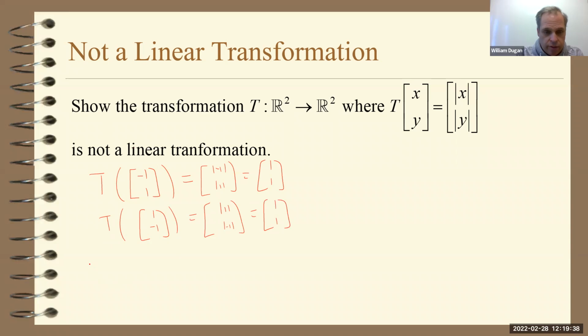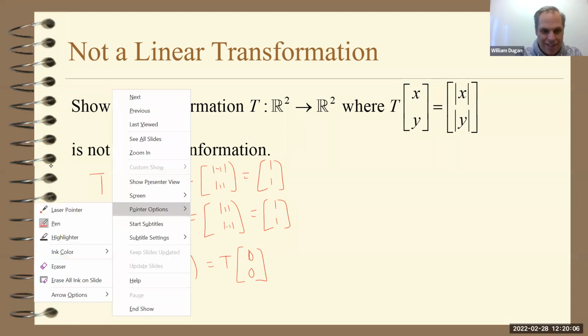But notice that the vector T of -1, 1 plus 1, -1, you can do the vector addition first to get the vector 0, 0. And notice I'm actually not following my own rules. I should not have the parentheses around here or here. I don't need to do that.